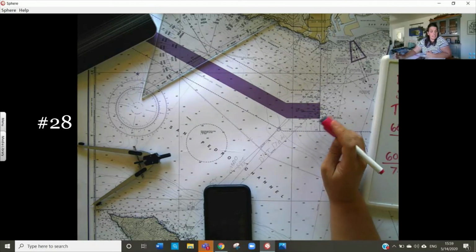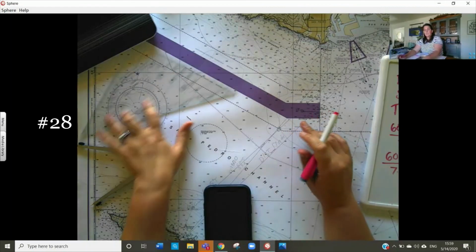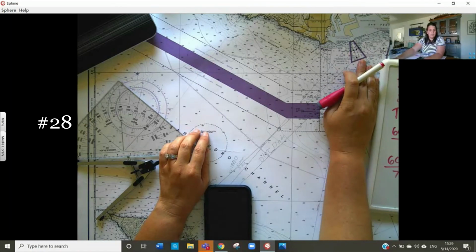Then it tells us at 1612, you're using a hand compass, and you see Point Vicente Light bearing 030 magnetic and Point Fermin bearing 000 magnetic. What is your position using those bearings? So let me zoom in here on our Point Fermin and Point Vicente.